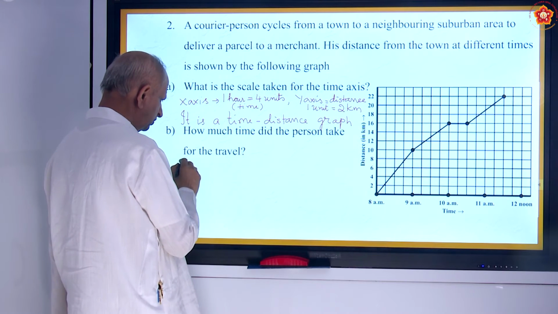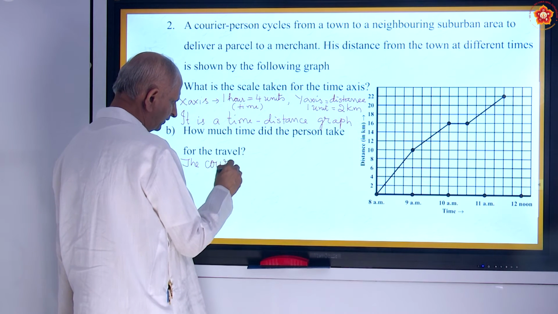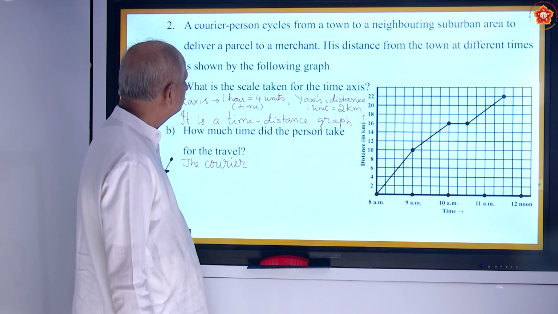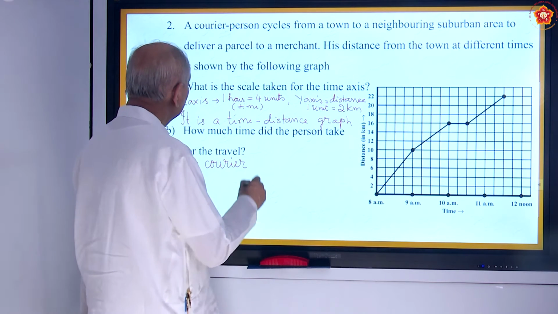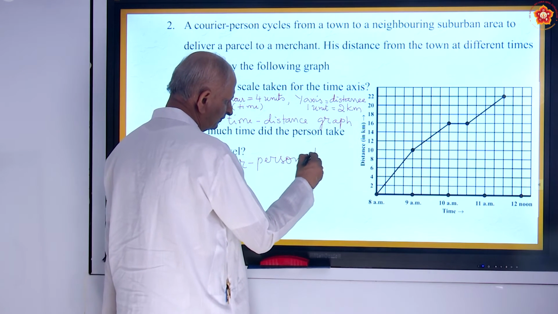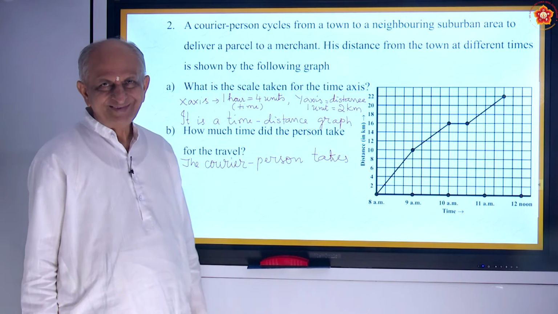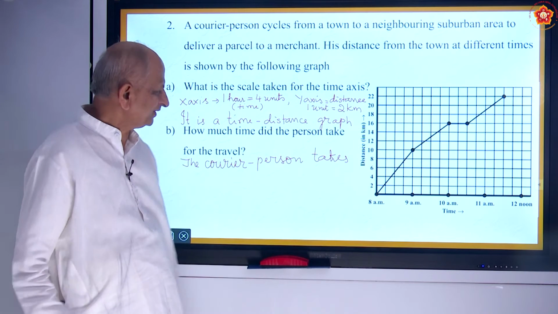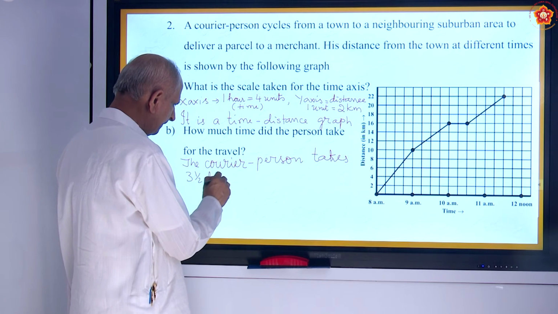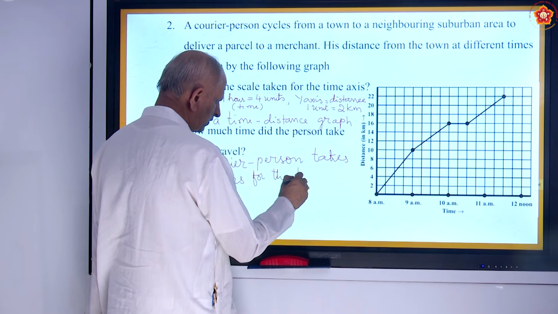So, the courier person takes, he starts at 8 o'clock, reaches the town at 11:30. So you can say 3.5 hours for the travel.